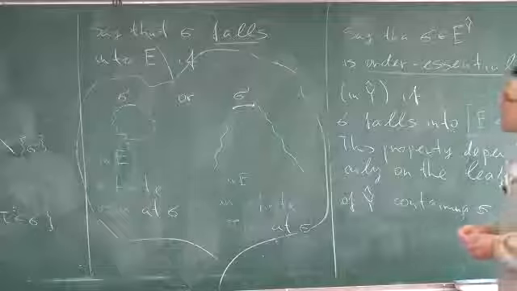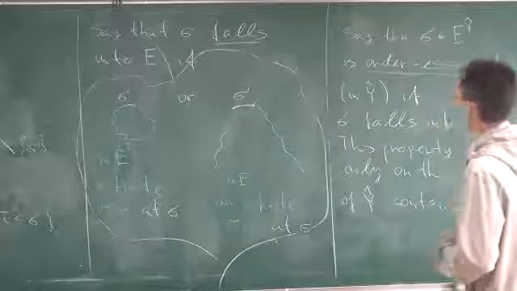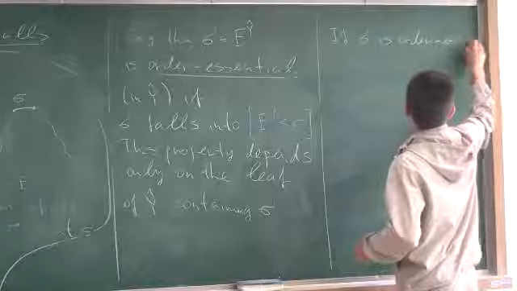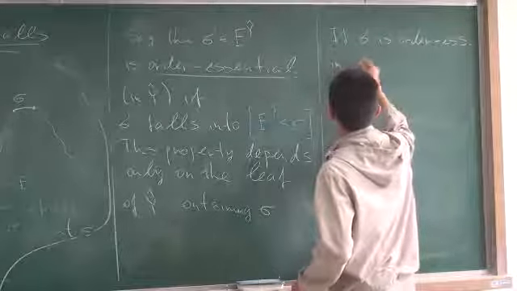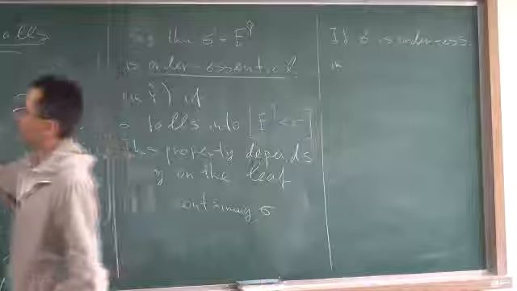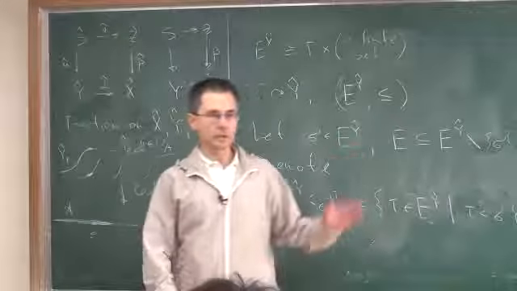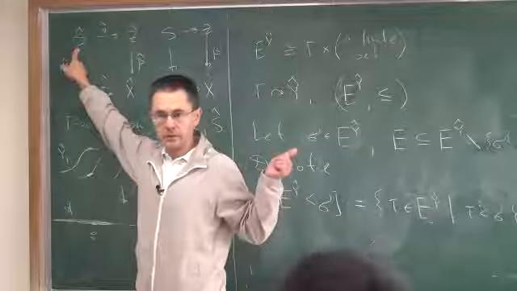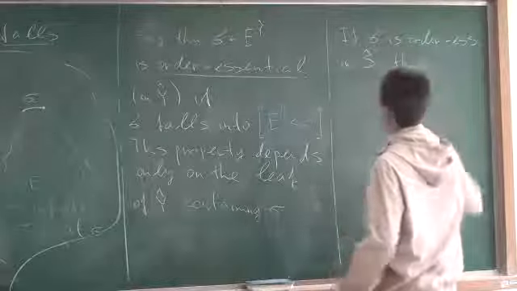Then you immediately see that if sigma is order essential in, say, I can give the same definition: instead of y hat, take s hat, and the same definition for z hat. So if sigma is an edge in s hat, and it is order essential in s hat, then what's the conclusion?